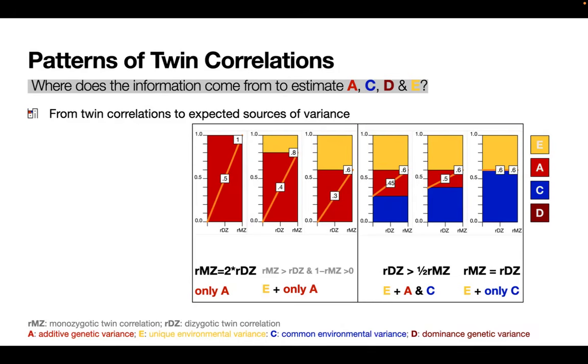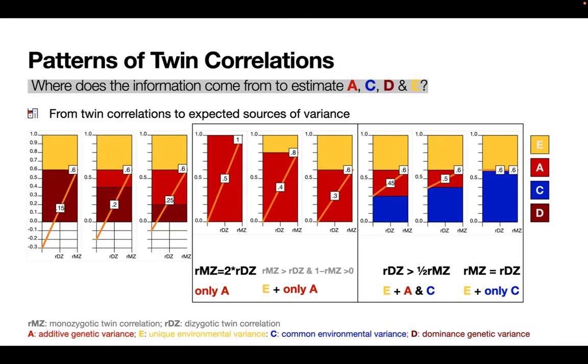In the other scenario, where now the DZ correlation is not greater, but less than half the MZ correlation, this pattern now becomes consistent with there being dominance genetic factors in addition to additive genetic factors.